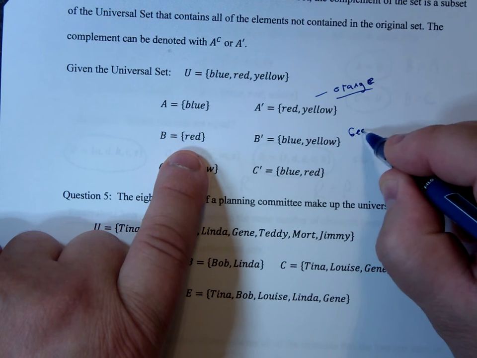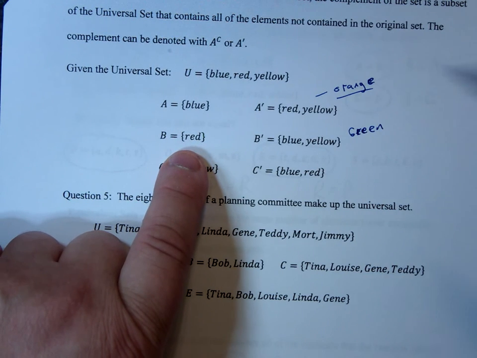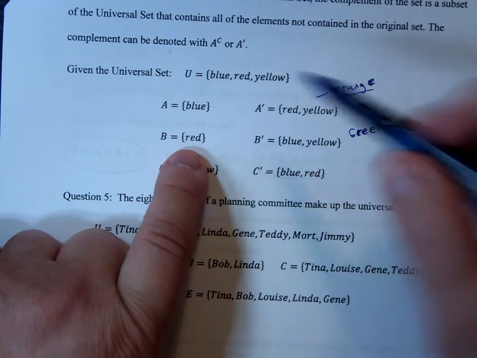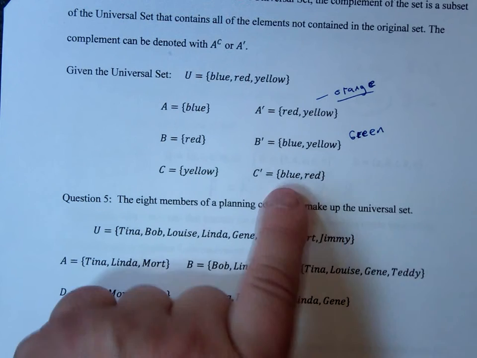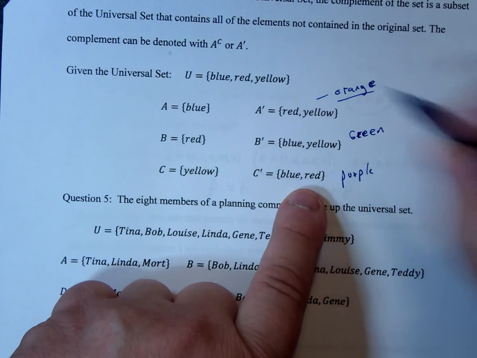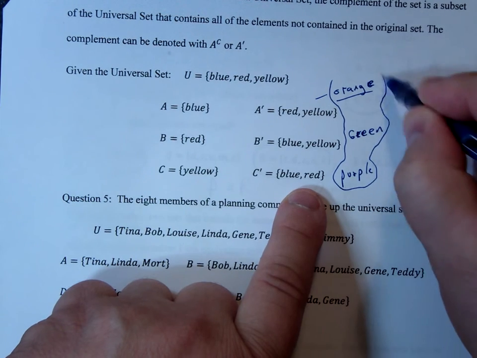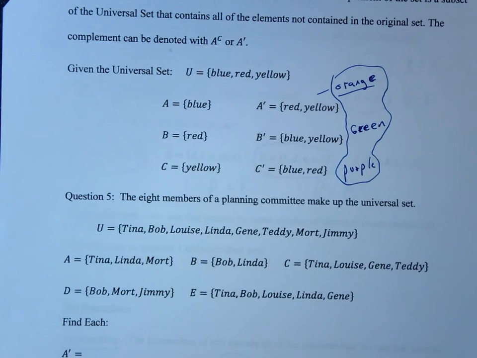Because the complement to red in this set of primary colors is blue and yellow. And the complement of yellow is blue and red, or purple, as it were. But I'm just showing you that for the art people. These are not even choices for our sets, because we can't mix two parts of a set together in set theory.